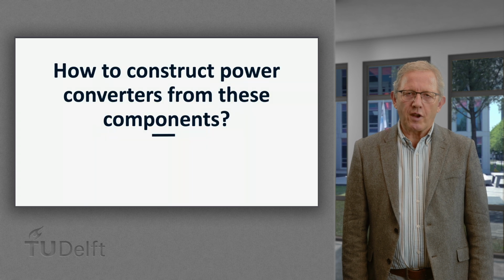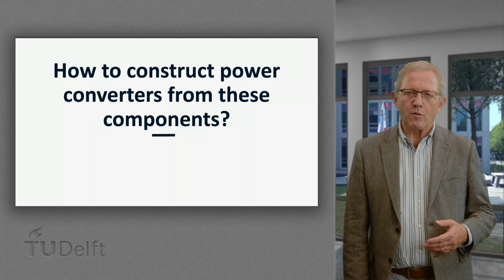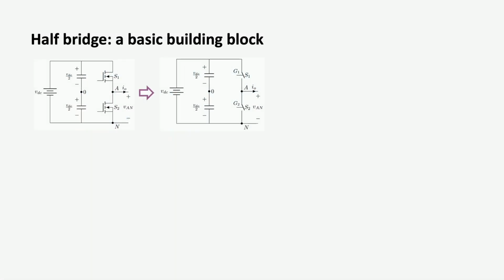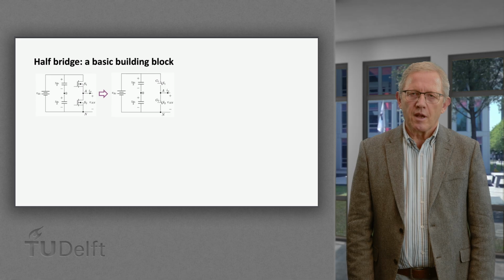Then comes the question, how to construct power converters from these components. A commonly used basic building block in motor drives is the half bridge. It is formed by two power switches connected in series, fed by a DC source, with its output in the middle of the two switches.